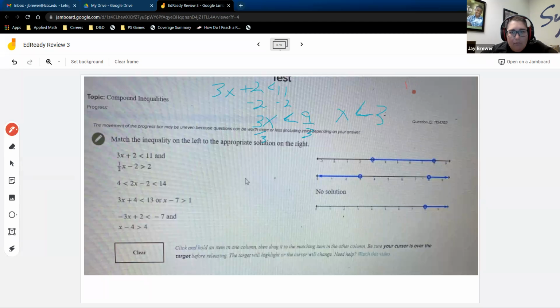So 1/2 x minus 2 greater than 2. We're going to add 2 to both sides. 1/2 x greater than 4. Multiply both sides by 2, x greater than 8. So times 2, times 2.